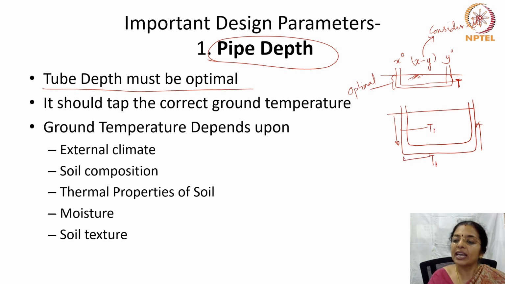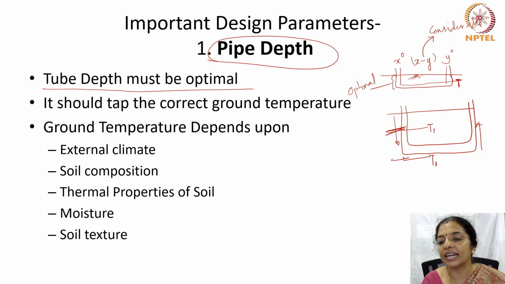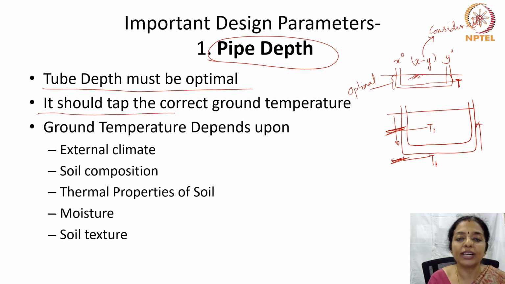There will be very minimal difference between the soil temperature at this depth and at this depth, in which case it is meaningless to go too deep. It should tap the correct ground temperature. That is what I explained. Between T1 and say T1 plus delta T, there may not be much difference, and therefore optimizing is important.